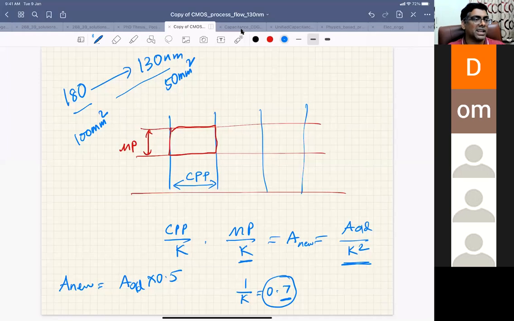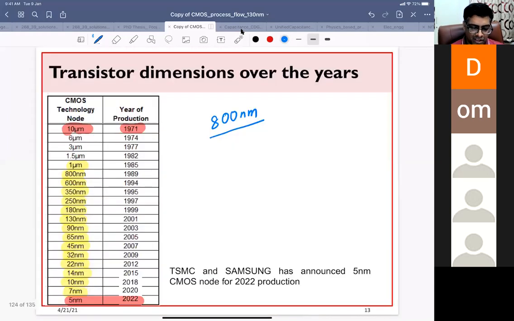In the same area, I can have twice the number of transistors. This is the famous Moore's law. So this 0.7 stuck in the mind of the semiconductor industry, and it is a very unique number for the industry.